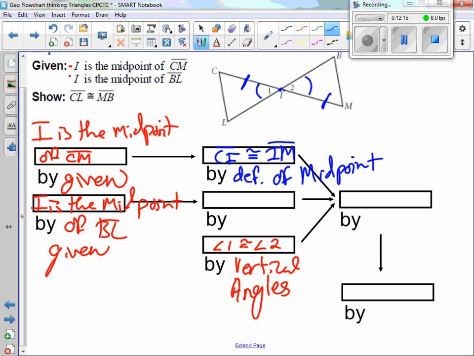If that's the case, if I is the midpoint of LB, or BL, it's going to cut it in half as well, so that we could say that LI is congruent to BI by definition of midpoint. And I'm going to have to abbreviate that, otherwise it's going to run into the next box.